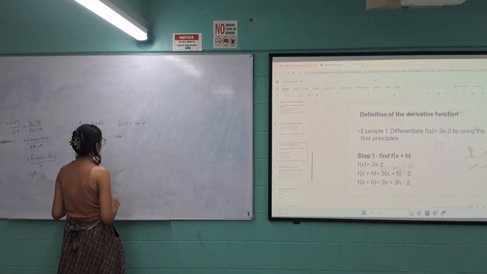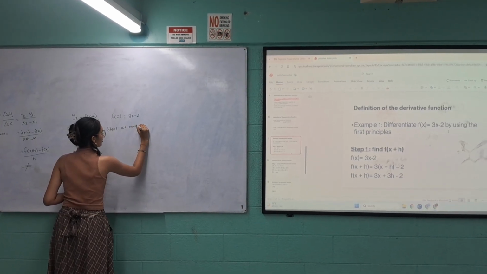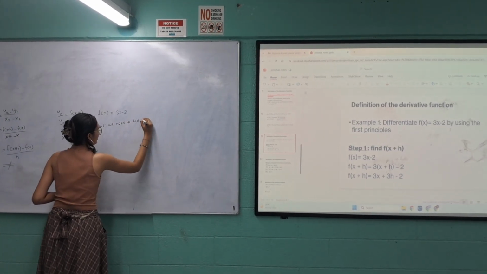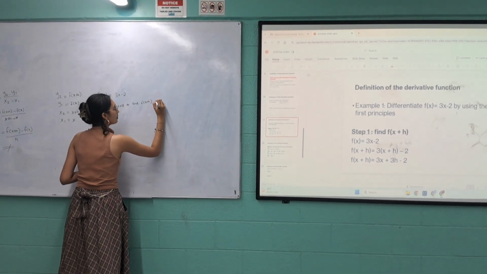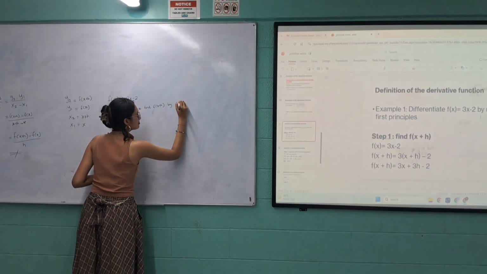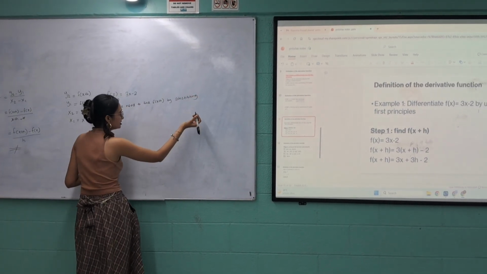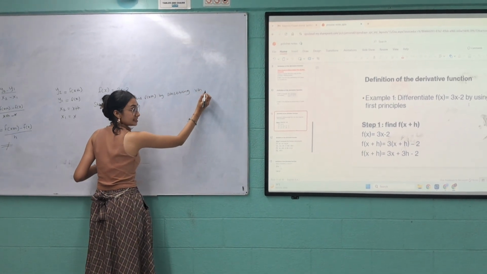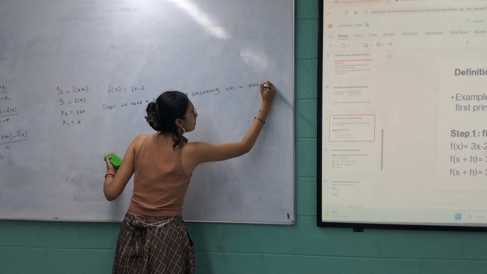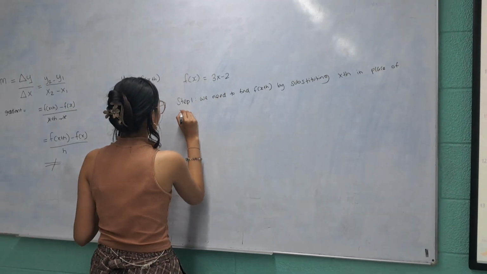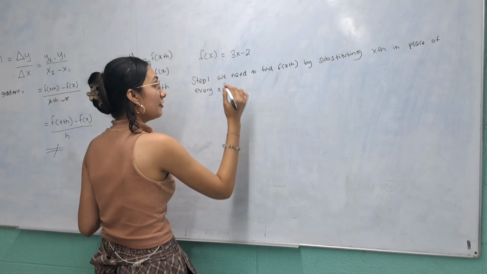Step 1. We need to find f of x plus h by substituting x plus h in place of every x in f of x.